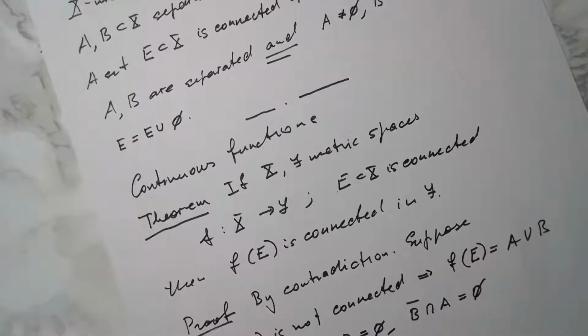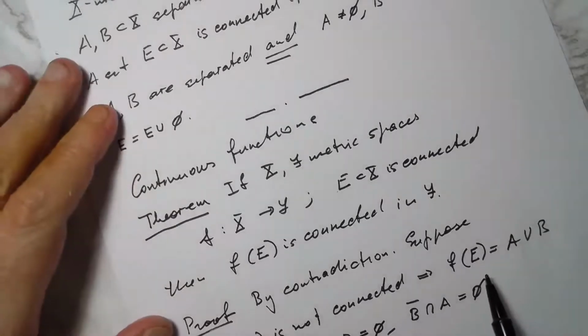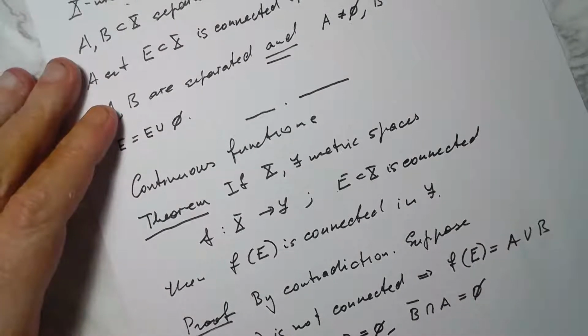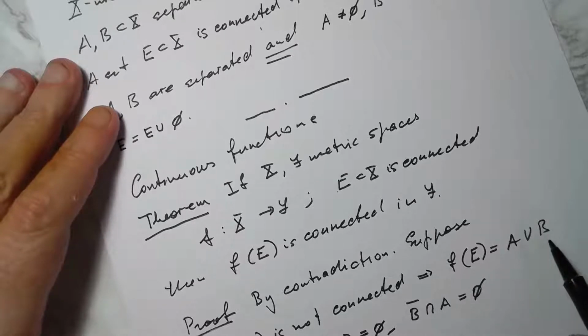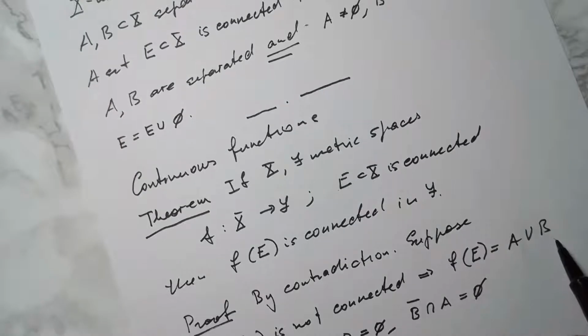All right, so this is the way I'm writing it. Now all I have to do is look at E. So f of E is A union B, and let me see if Rudin does the same thing I'm doing. If not, I'll do it just my way.